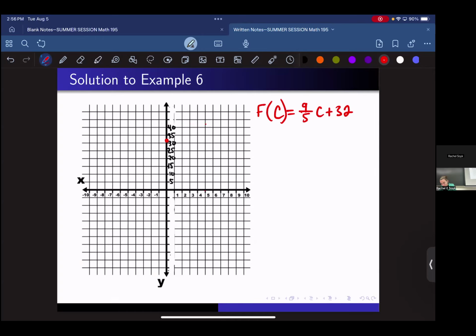Two, three. And we can do, should we do 10? Let's do 10. So then 18 plus, so that should give you 50. 45, 50, and then that's 10.